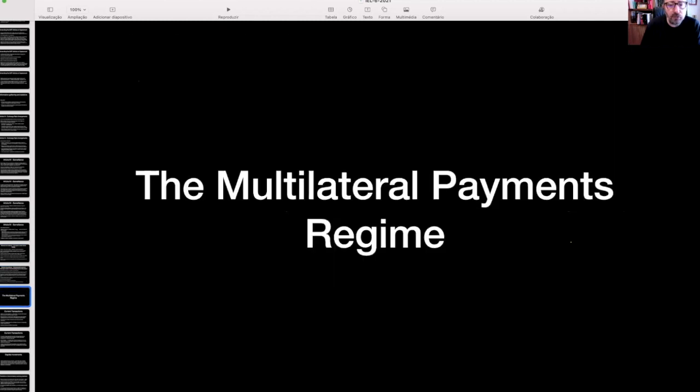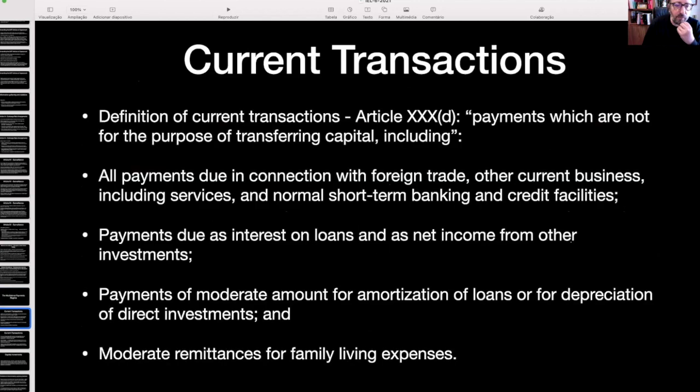Okay, so as to the multilateral payments regime, now payments have to do with payments for actual transactions. When you purchase a good or a service. And when we talk about payments, then payments here are quite clearly subject to very formal and clear rules.